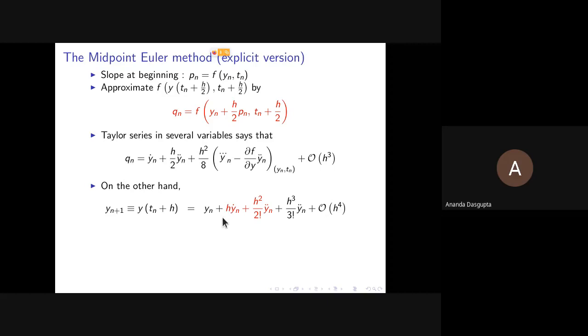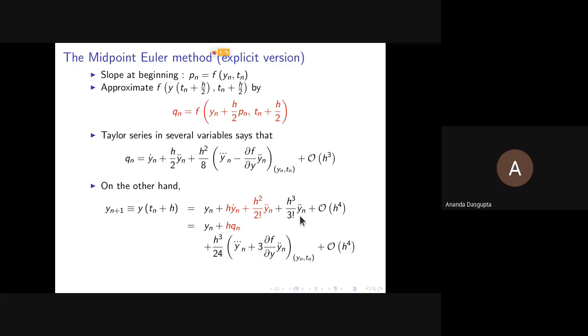But now notice, h yn dot plus h square by 2 factorial yn double dot is actually h times Qn. H times Qn has those two terms, right? If you multiply h times Qn, which remember is what you are going to add to yn in the midpoint Euler method, you get h yn dot, you also get h square by 2 yn double dot, but you get h cube by 8 times this, which does not match this one.